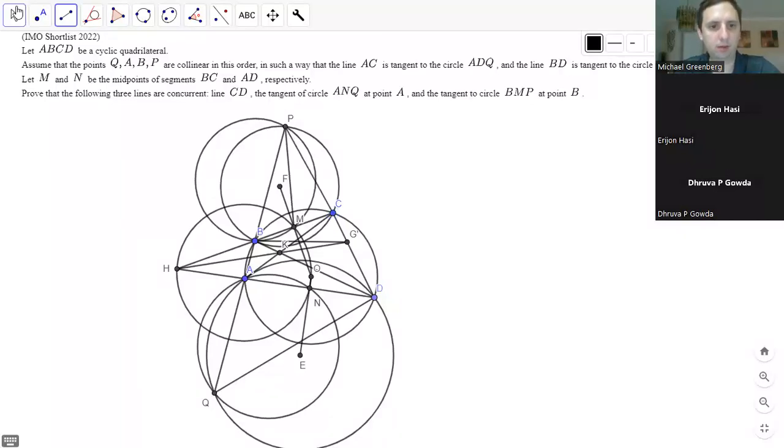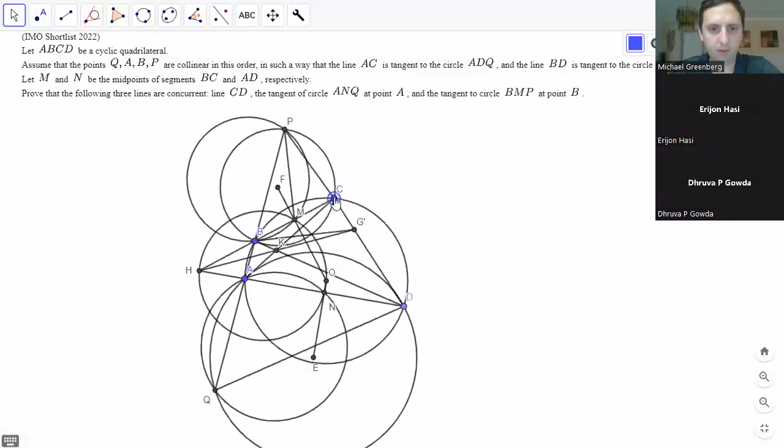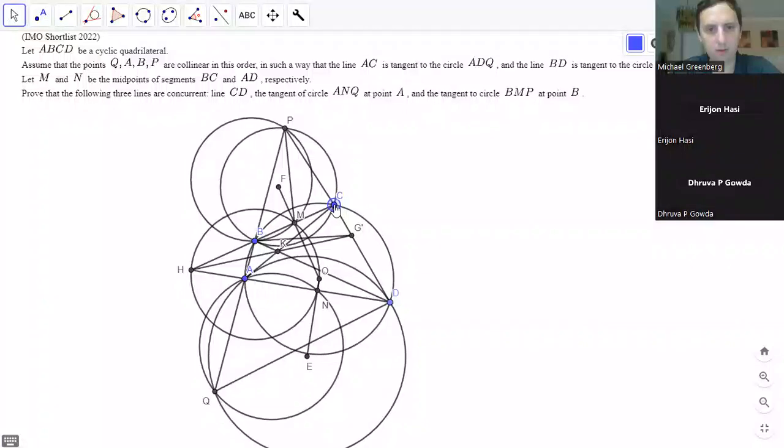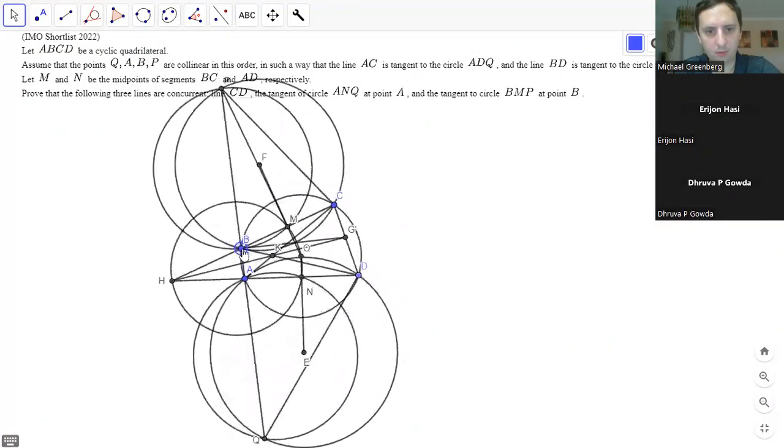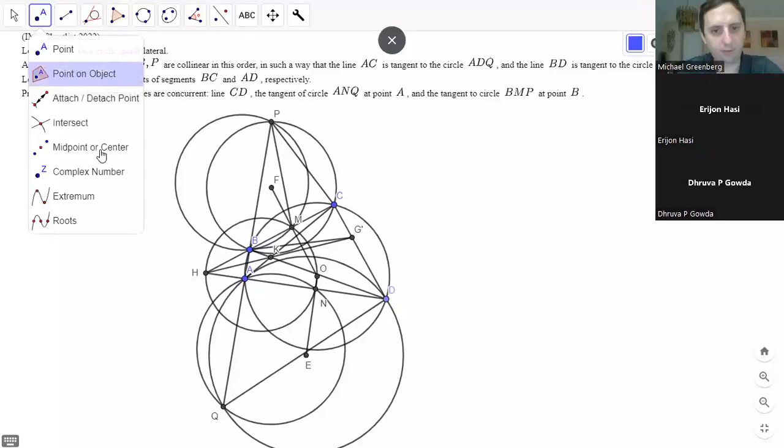Yeah, exactly, CAD and CBP. Maybe we can, because DAQ and DCB are similar, the midpoint of DA would correspond to the midpoint of DC. So yeah, we could try to use that fact.